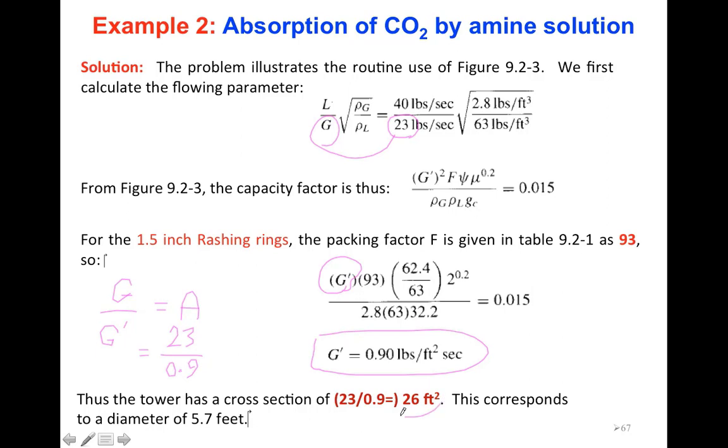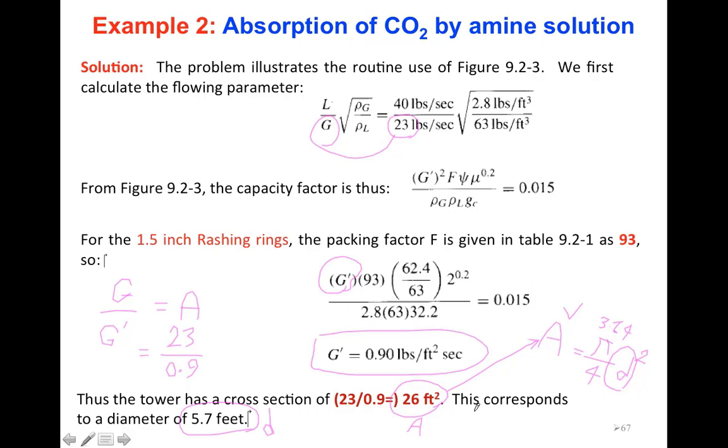If you divide them, you will get your A as 26 square feet. Then you can use this equation: A is pi over 4 D squared. With pi as 3.14, from this equation you can find D, which gives you 5.7. That will be the diameter of your column, 5.7 feet.